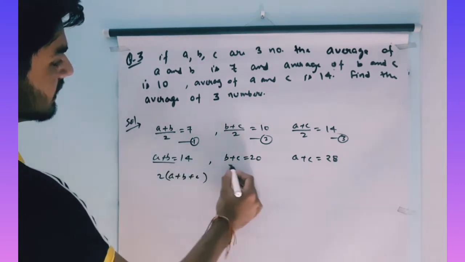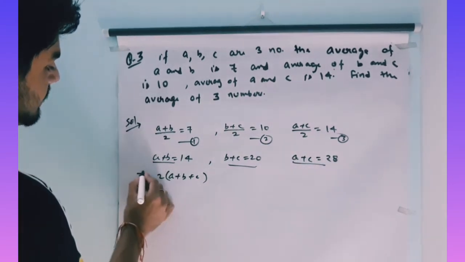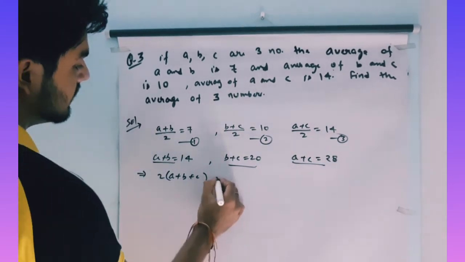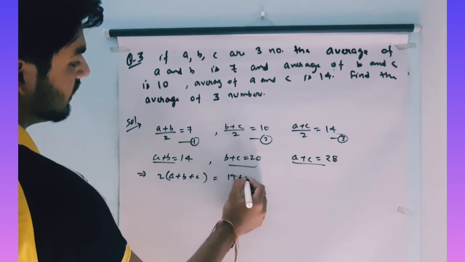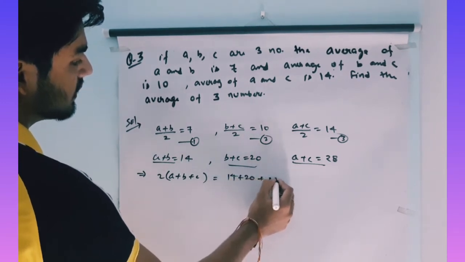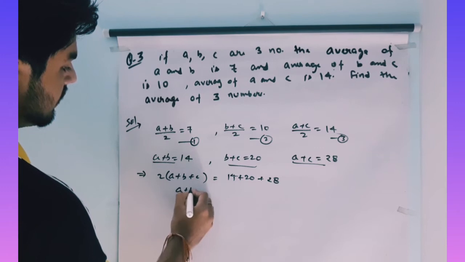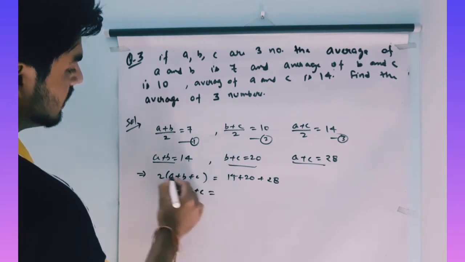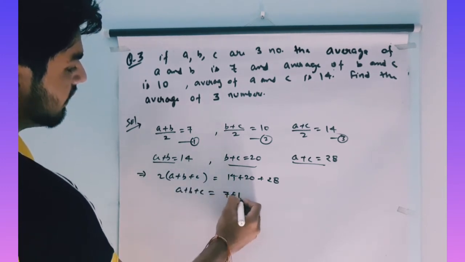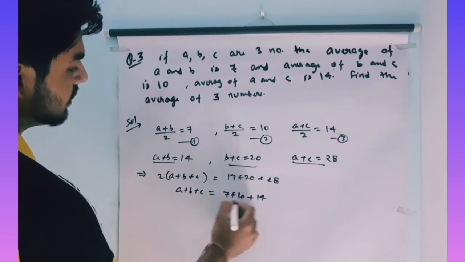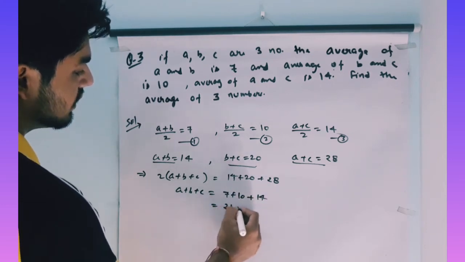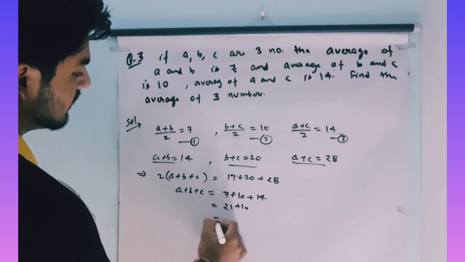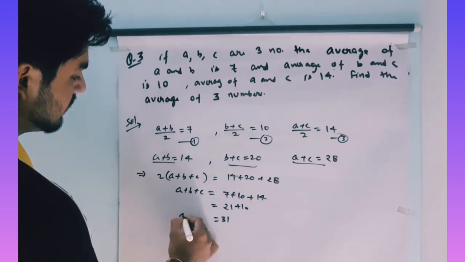By adding this, this and this, we get twice of A plus B plus C is equal to 14 plus 20 plus 28. Dividing by 2, we get A plus B plus C is equal to 7 plus 10 plus 14, which is 21 plus 10 is equal to 31.